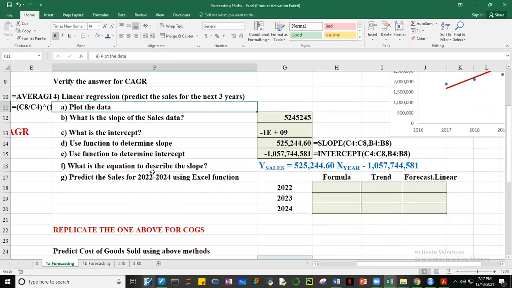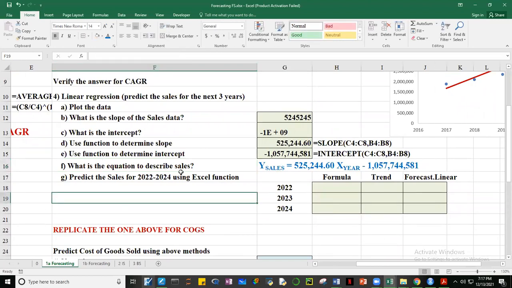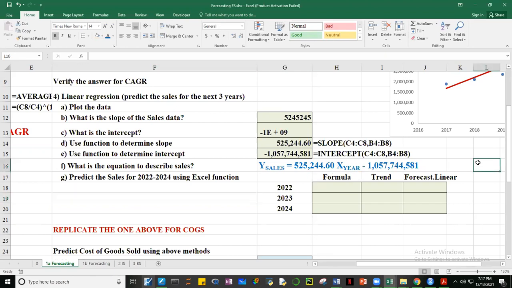Some questions natin. What is the equation to describe, hindi the slope, no? Describe sales dapat. So that's the equation to describe sales. Y sales is equal to the slope times X minus the intercept.